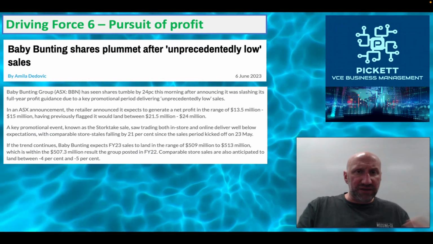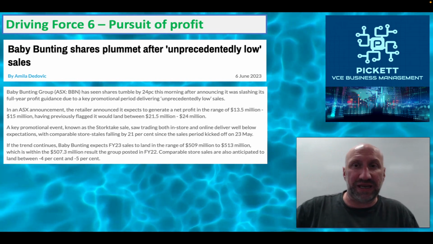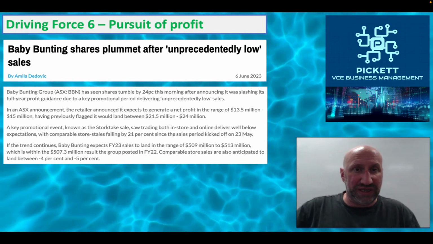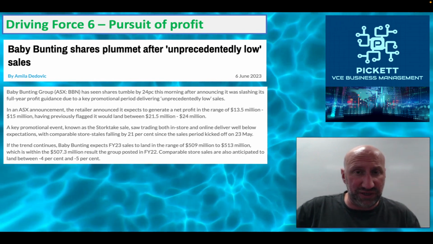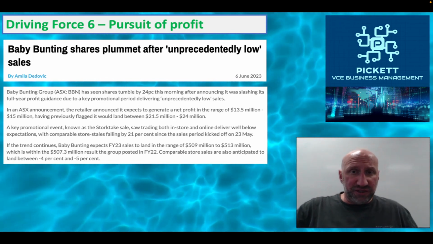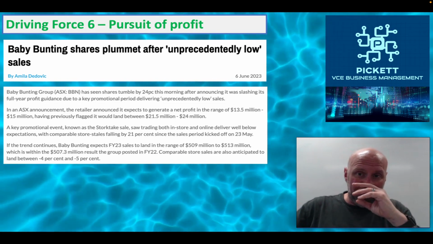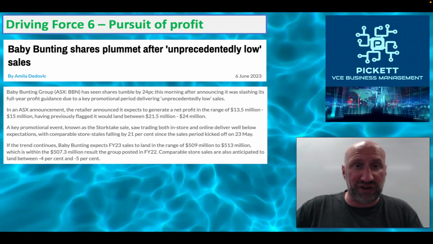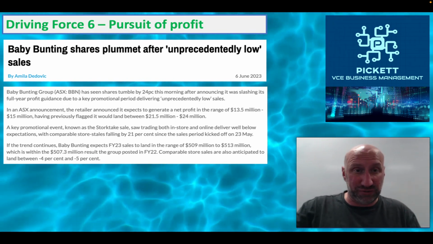Baby Bunting, okay, Aussie company. Shares plummet after unprecedentedly low sales. So again, similar thing. Their shares tumbled. This was the 6th of June, only within the last 2 weeks. Shares tumbled by 24%. That's a big drop because it was slashing its full-year profit guidance due to unprecedentedly low sales.